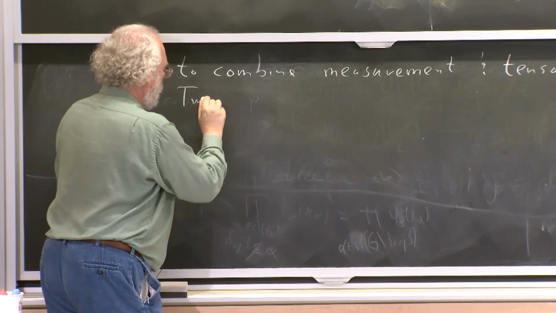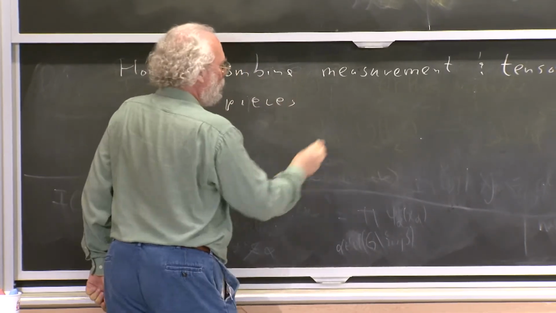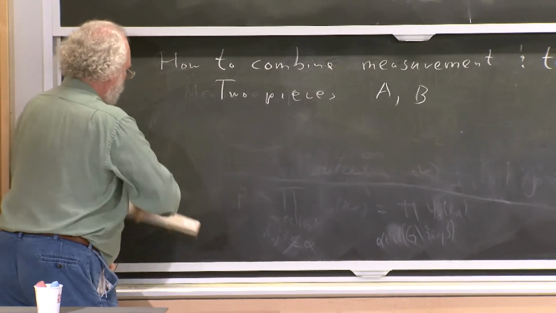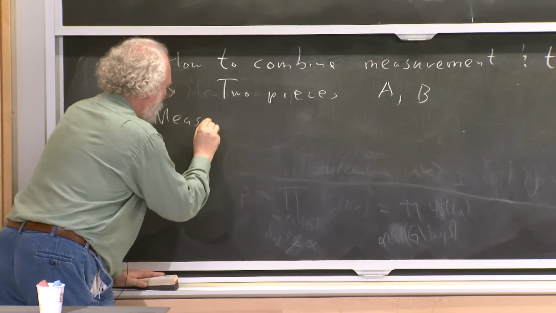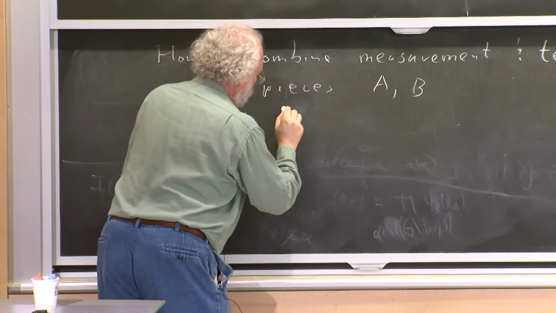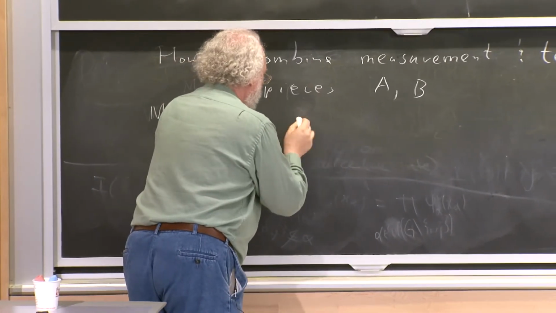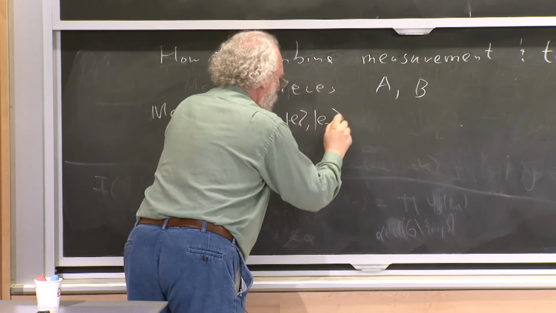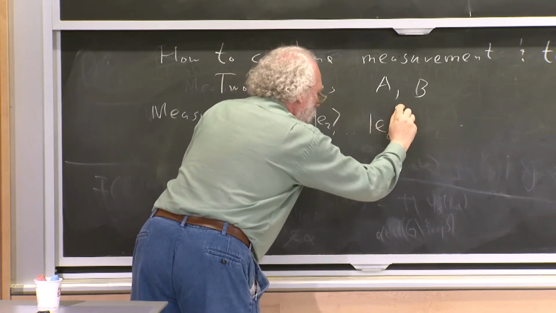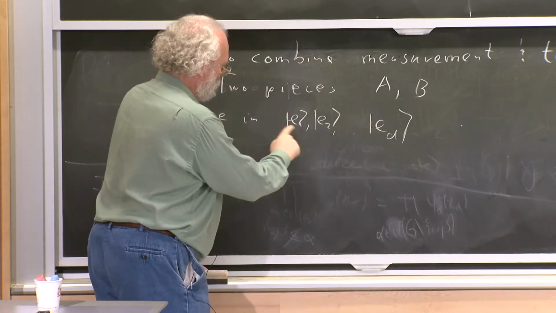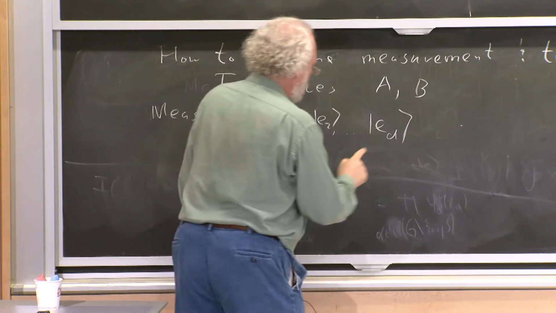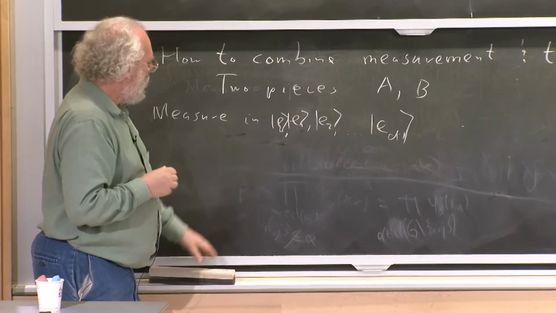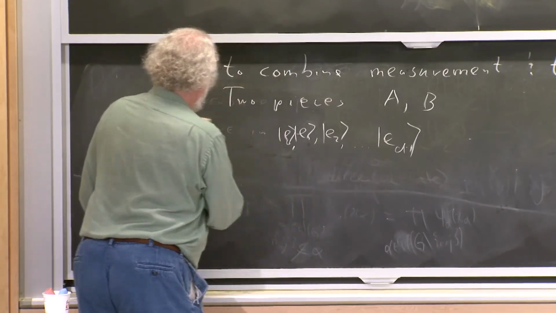So there are two pieces of your system, A and B. One way of doing it, we want to measure A in the basis E0, E1, through E sub d minus 1.